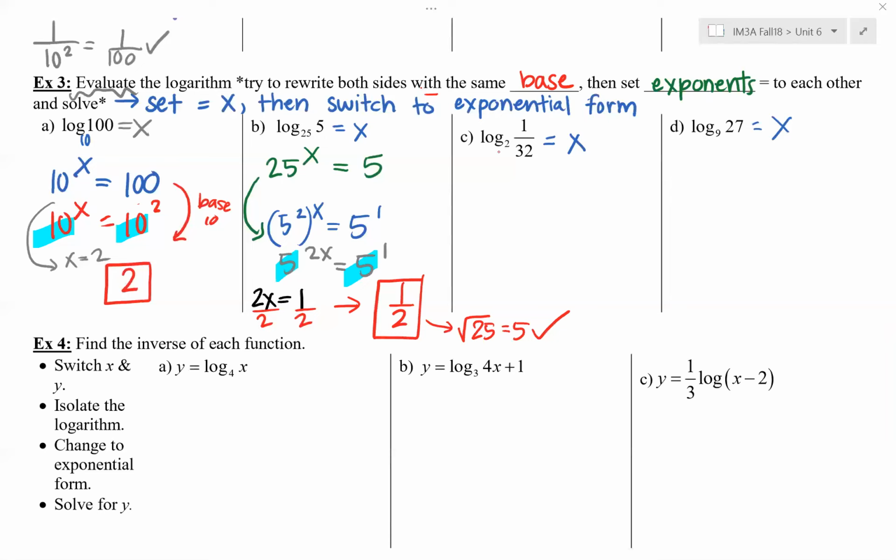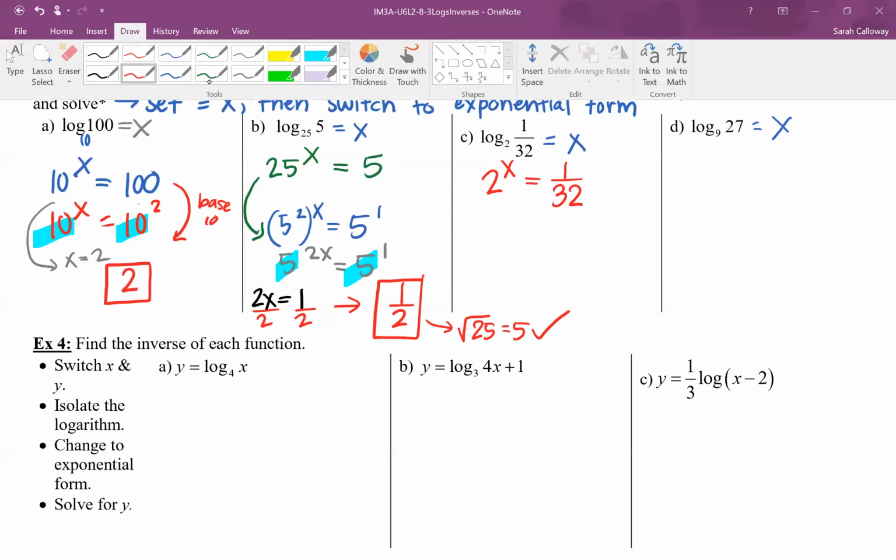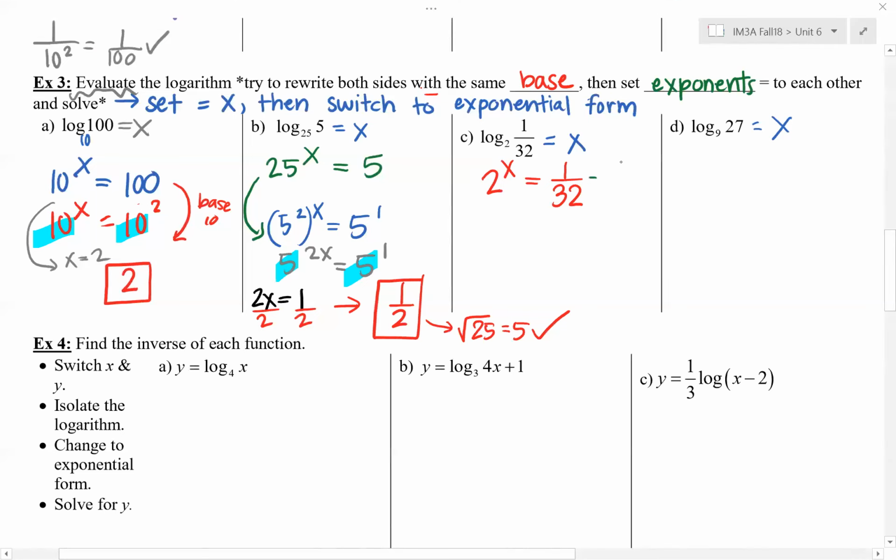So for C, we've got 2 to the x power equals 1/32. And so when we have a fraction, what we saw in the Superfund puzzle was that our answer ends up being negative. Okay, so really what we want to think about is, can I write 32 as a power of 2?